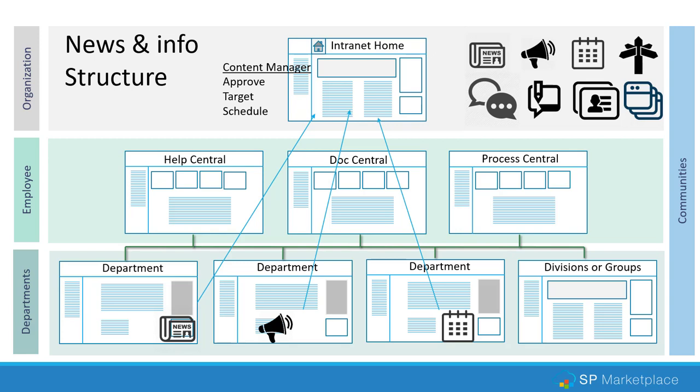These would be things that are appropriate for the entire organization as opposed to something targeted at the functional department. The content manager at the intranet level will get alerted, they can approve it, and they can also do audience targeting and even schedule it on the site.